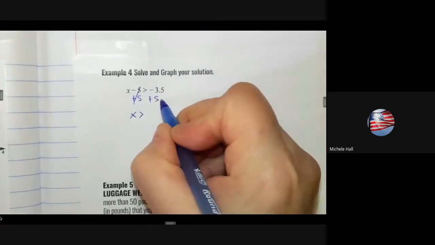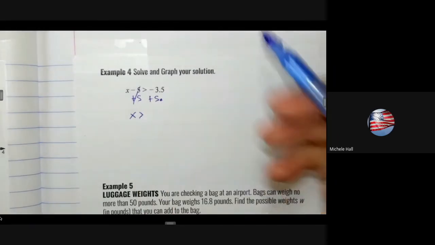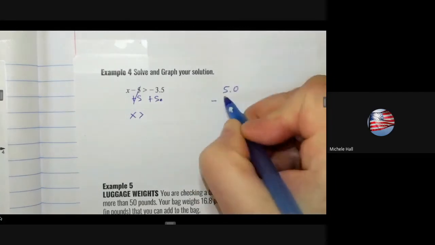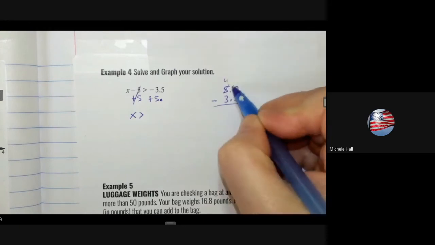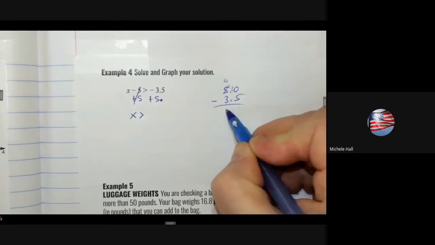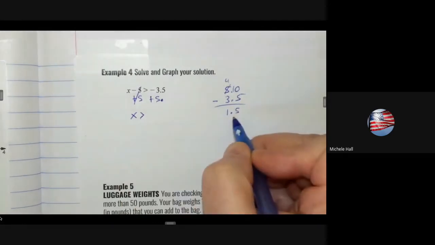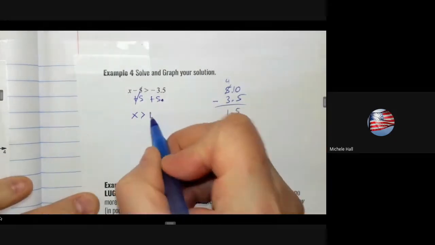Here's the decimal on 5. Those are unlike signs. We need to subtract them. So that is 5.0 minus 3.5. Borrowing. And we get 1.5. Is it a positive 1.5 or a negative 1.5? 5 was bigger, therefore it's positive 1.5.